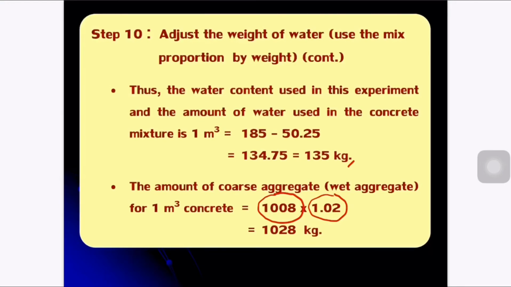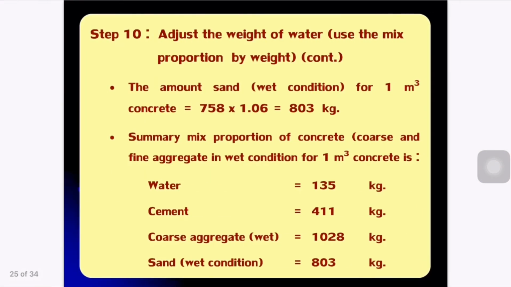Thus, the quantity of coarse aggregate in wet condition is 1028 kilograms. For the sand, the dry weight of sand is 758 kilograms. The water content of this sand is 6%. So the quantity of fine aggregate or sand in wet condition is 803 kilograms.